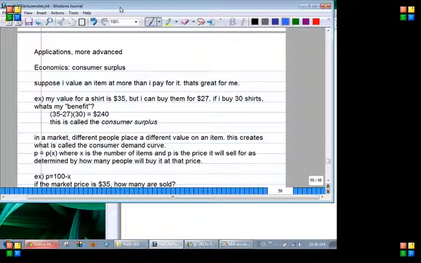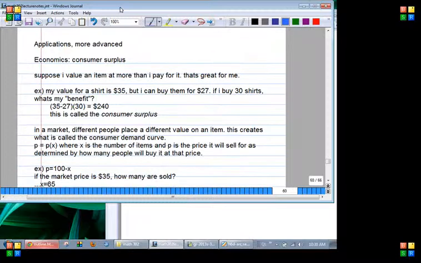So for example, if the market price is $35, how many items get sold? The price is the price.